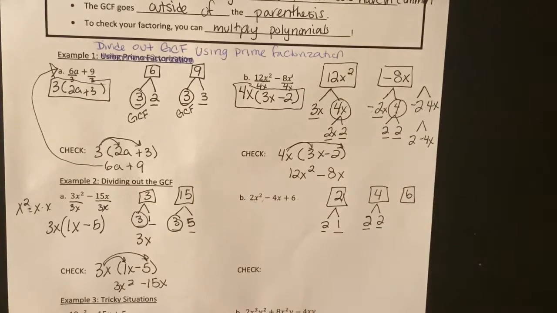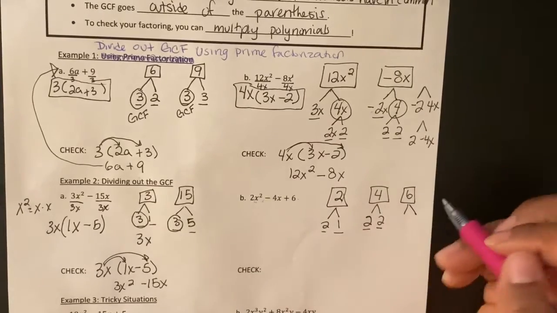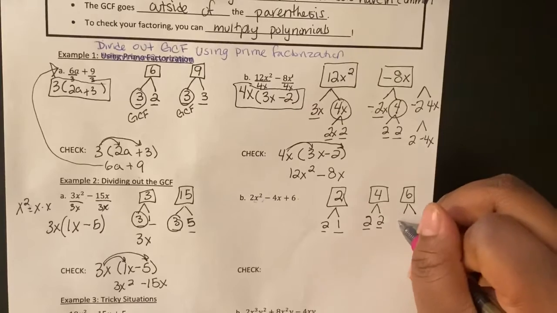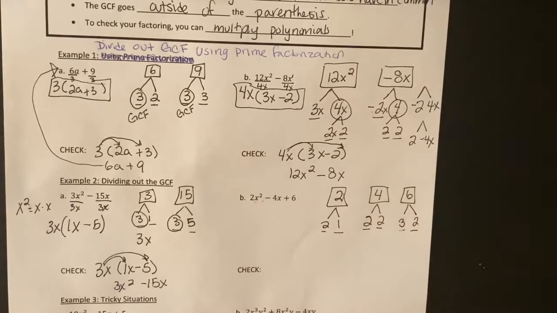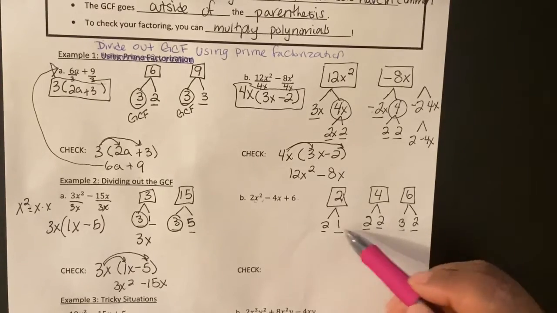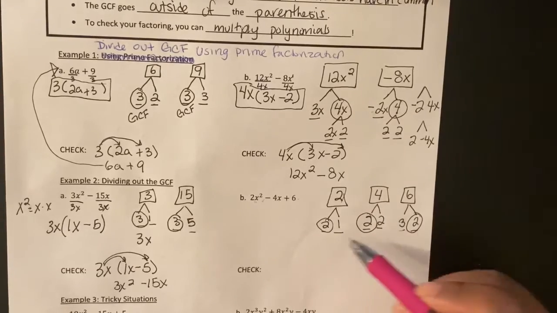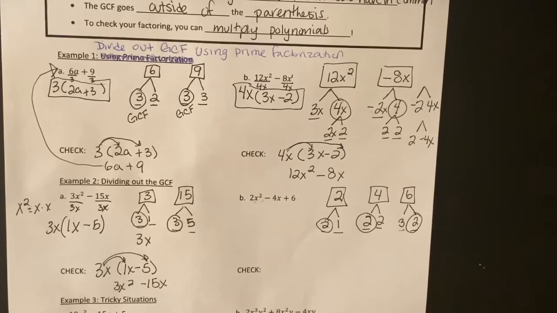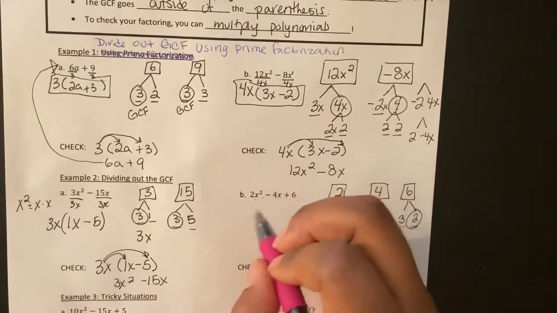Therefore, we have our 2 primes. And then the largest prime factor of 6 is 3, and 3 times 2 is 6. And we're done with our primes. As you can see here, the largest number they all have in common is 2. So 2 is going to be our greatest common factor.